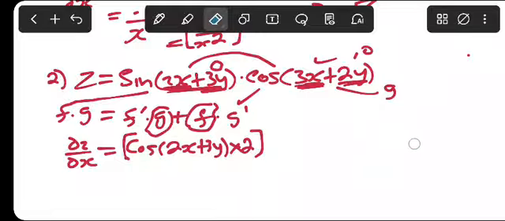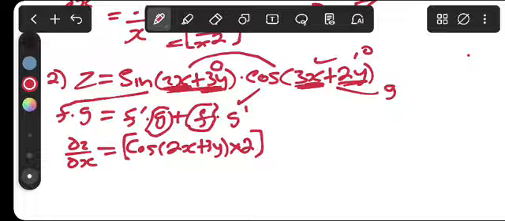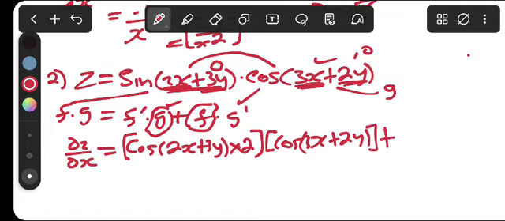This we'll simply write as it is. g of x will be multiplied by cos 3x plus 2y, right? We're following that. Then plus f prime as it is, sine 2x plus y plus 3y.